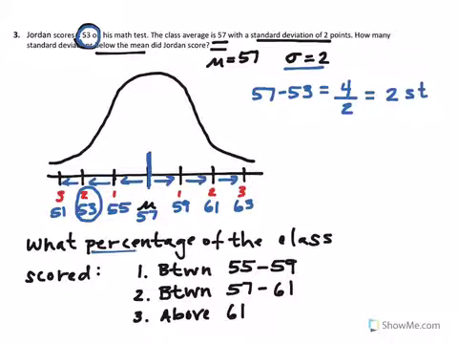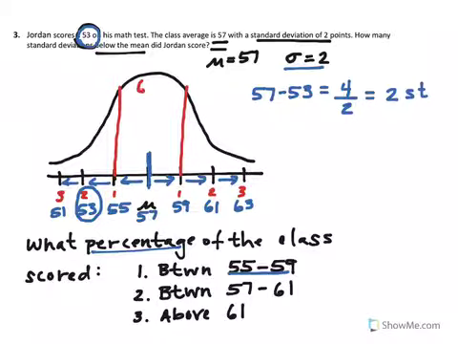So what percentage of the class scored between, so the first one, between 55 and 59? Well, our empirical rule tells us that 68% of the data falls in between 1 standard deviation.